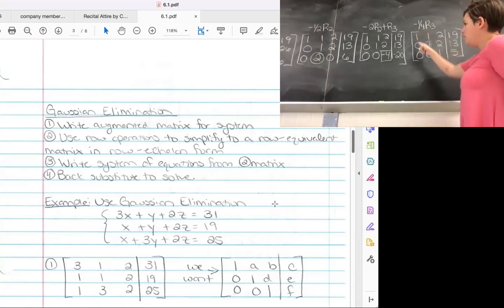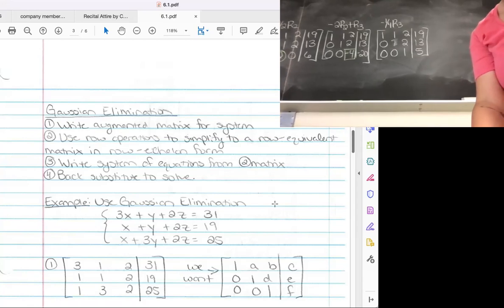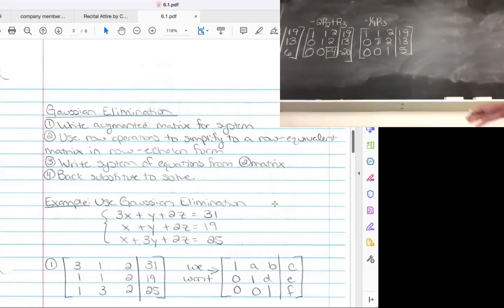Remember, the columns were your x's, your y's, and your z's, with your solution, and then we had individual equations. So that first row is going to change over into an equation. Let me show you.